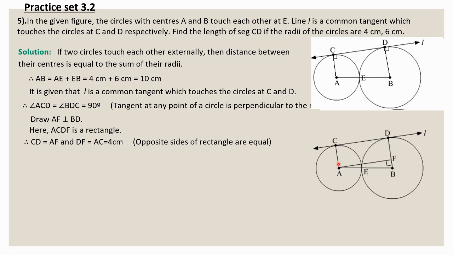So since AC is 4 centimeters, DF will also be 4 centimeters. Therefore, DF equal to AC is equal to 4 centimeters.